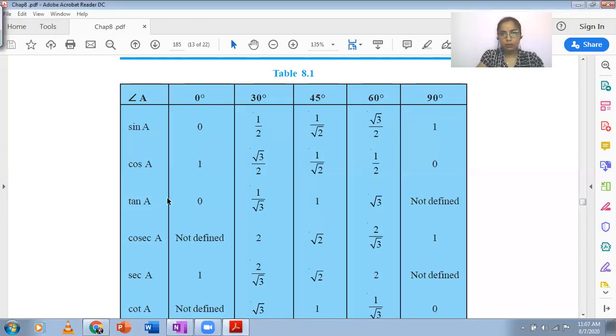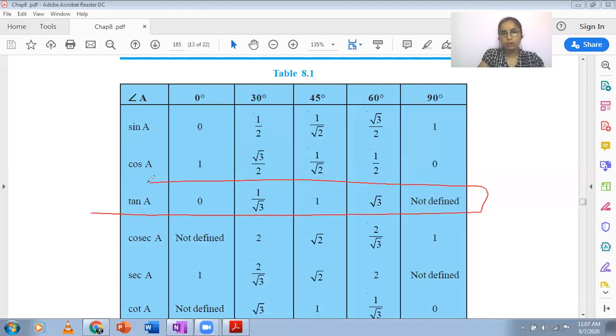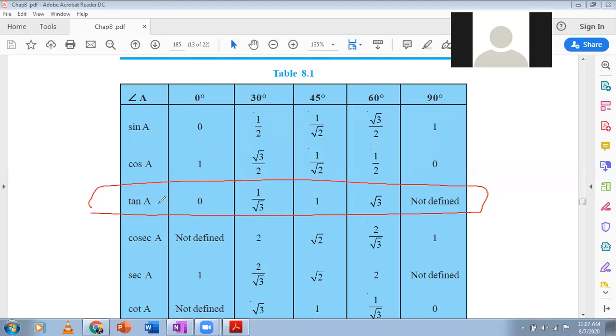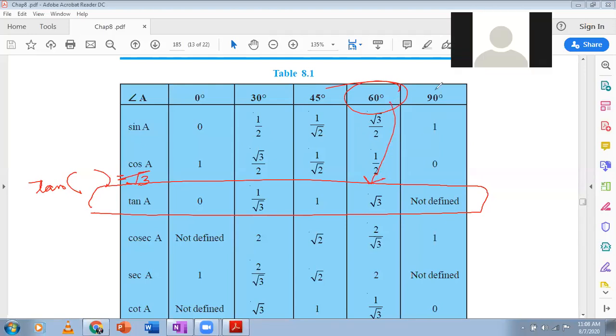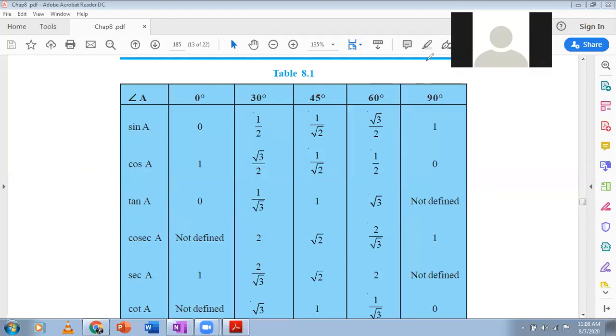Now I want you to look at this column, just this column, the one with tan. Tan of some angle is given as root 3 in the question. So from here, can you identify which angle's tan is root 3? 60 degree. This is what we are going to use in the question.